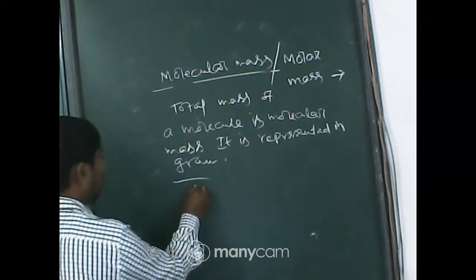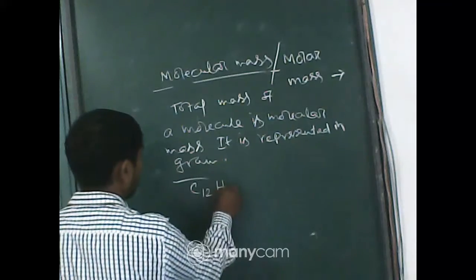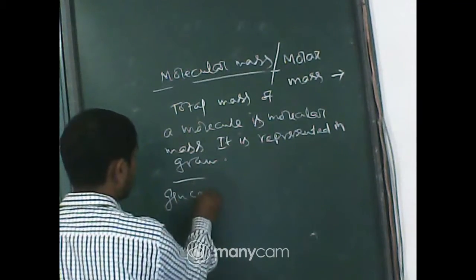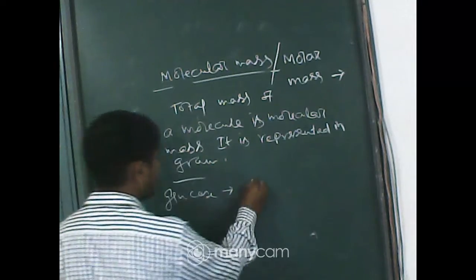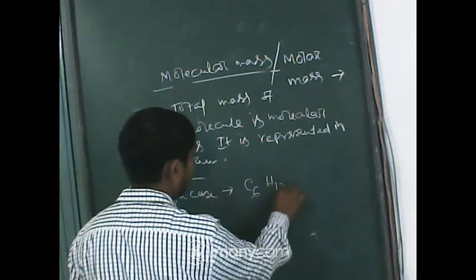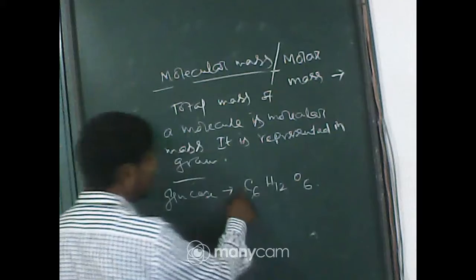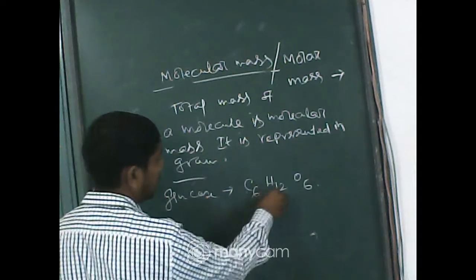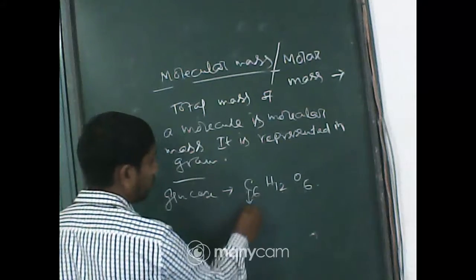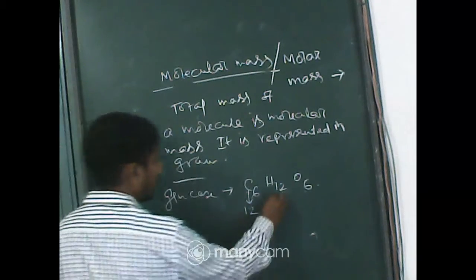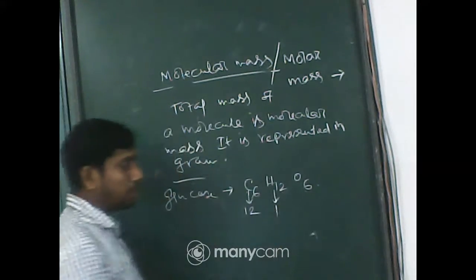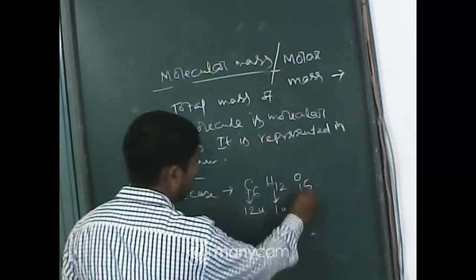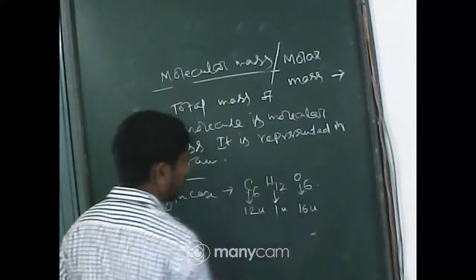Now I am taking one example, glucose. Glucose has the molecular formula C6H12O6. Now from the general form, it is A, B, C, and X, Y and Z. Now the carbon atomic mass is 12, hydrogen, that relative atomic mass or in U, that is 12U, this is 1U, and this is 16U. Okay.